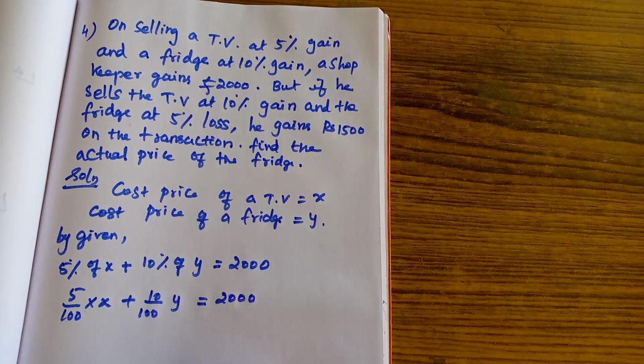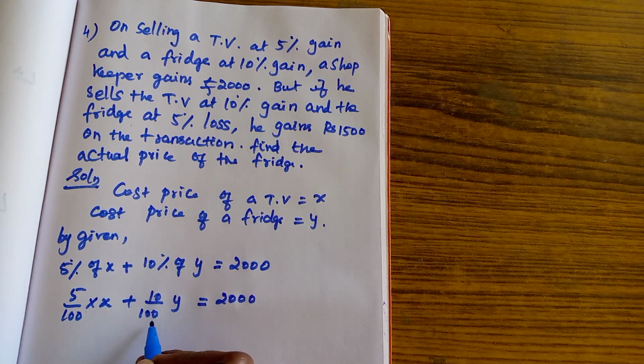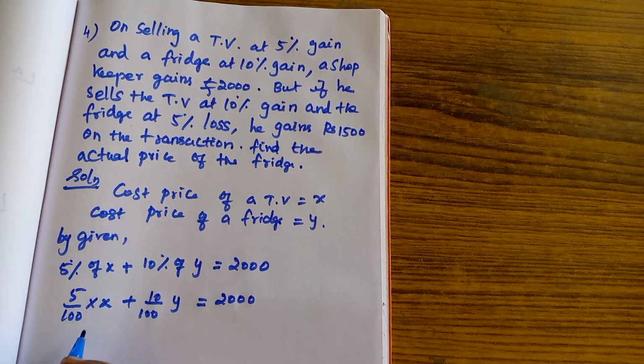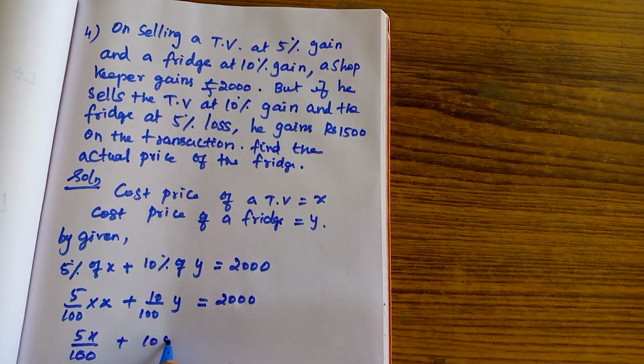From here, 5x by 100 plus 10y by 100 is equal to 2000.